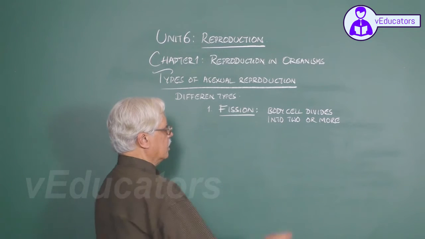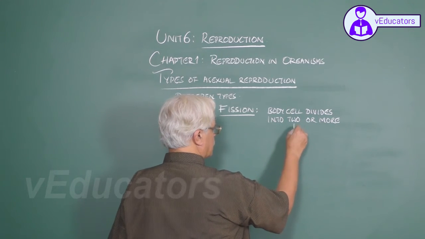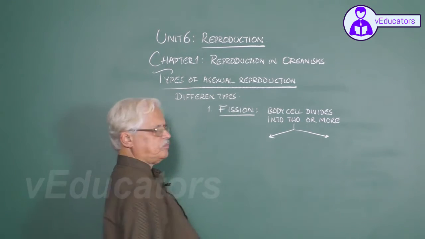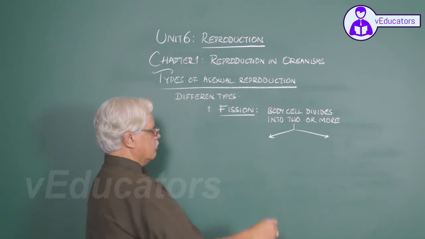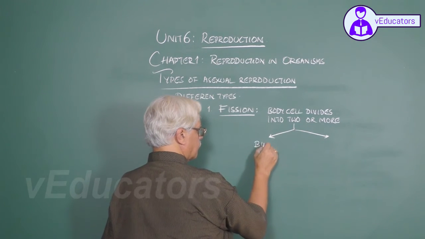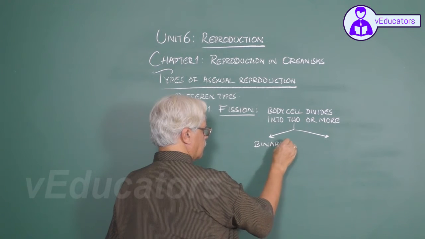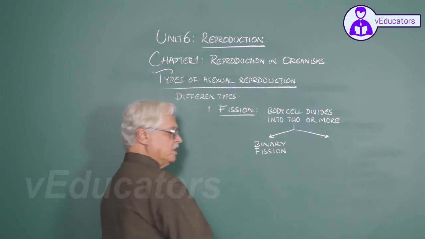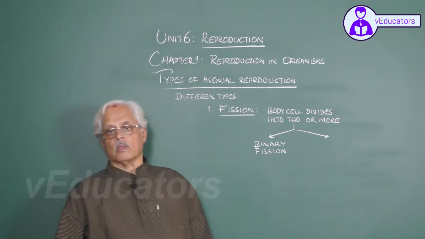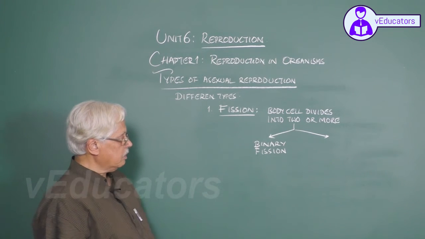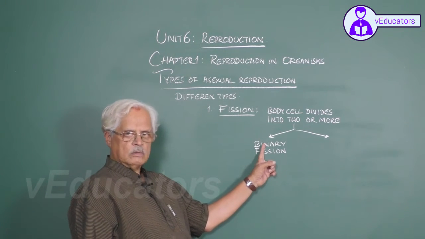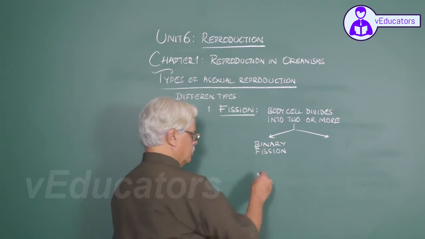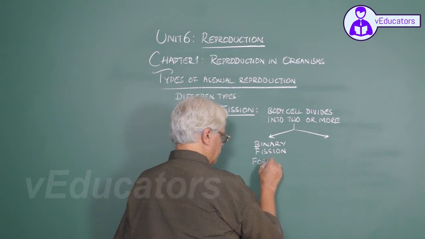Accordingly, in fission, there are two possibilities. One is called binary fission, where the parent cell just divides into two daughter cells.